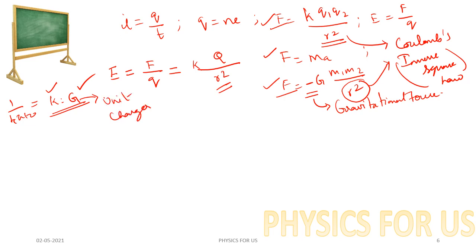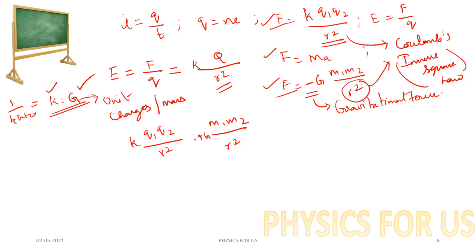We can relate F is equal to K Q1 Q2 divided by R square, and F is equal to G M1 M2 by R square.